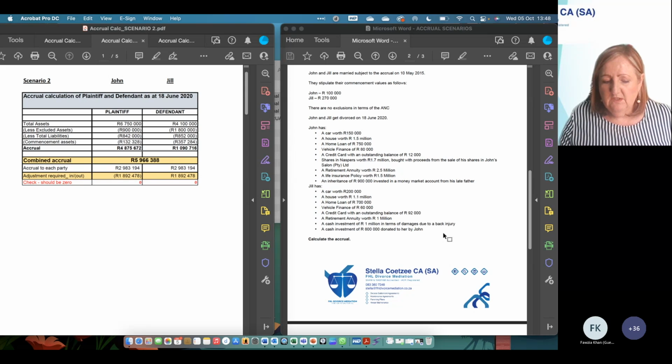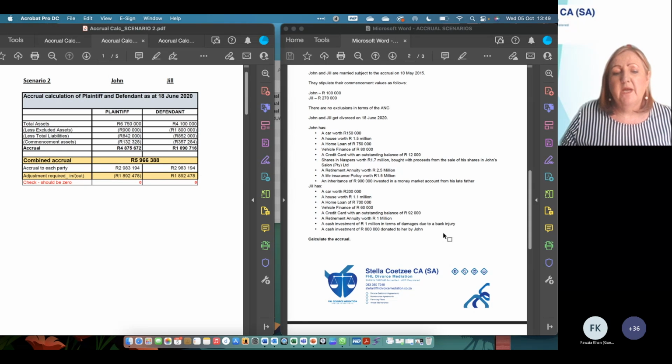Before anyone asks a question, I just want to also make another comment, Mervyn. When you talked about the dates, I also wanted to give a tip. When you do the assets and liabilities and people need to supply you with statements, please ensure that all the assets and liabilities are counted at the same date.